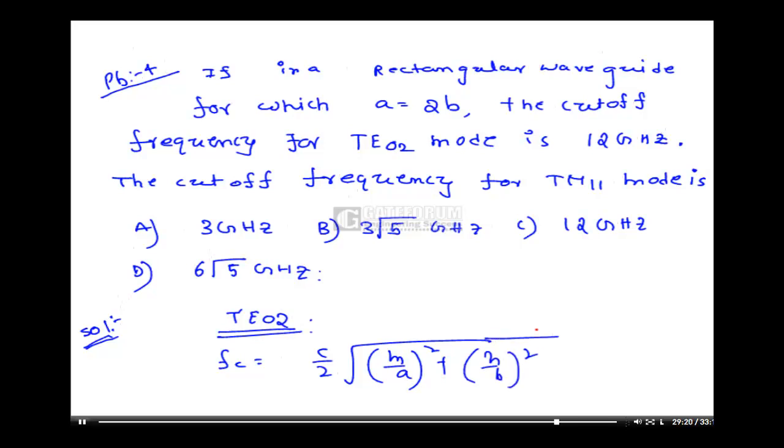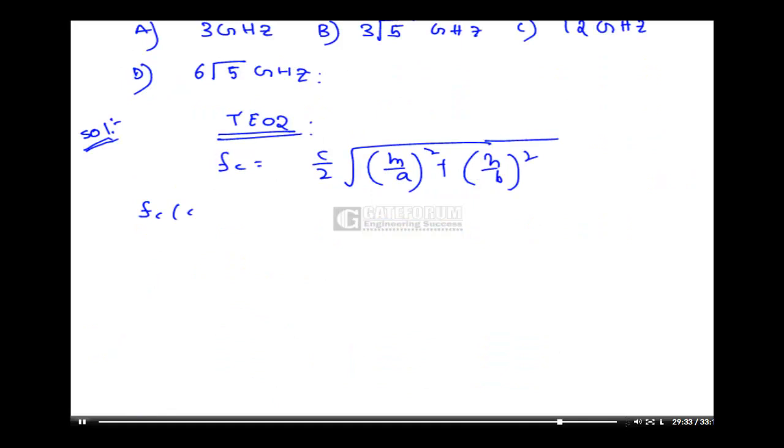If you don't remember this formula, it is impossible to solve the problem. So keep in mind this cutoff frequency formula and all the formulas we discussed so far. Now here I want FC 02. So M is equal to 0, N is equal to 2. So that is equal to C by 2 into N by B, that is C by 2 into 2 by B. So 2 cancels, and only C by B remains.